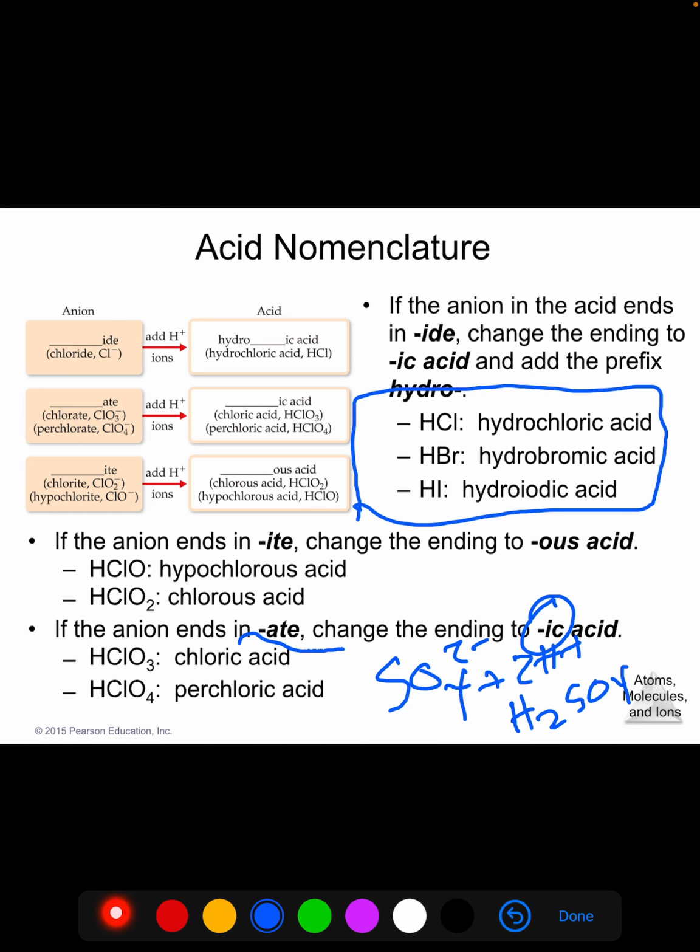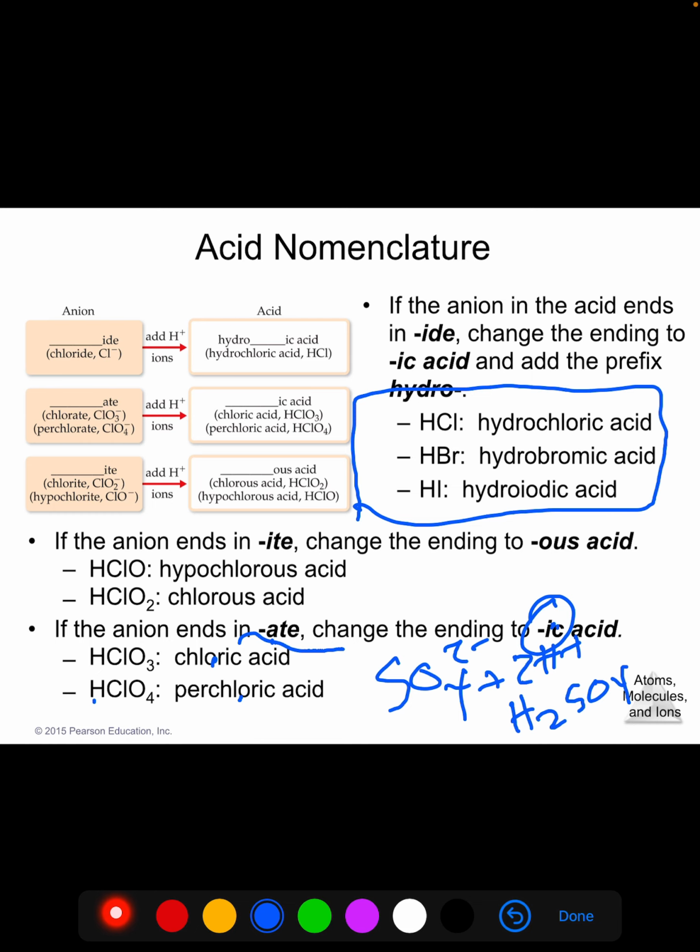So we change sulfate to sulfuric. And the ic acid arises from the ate salts. So chloric acid came from chlorate, perchloric acid came from perchlorate, and nitric acid came from nitrate.